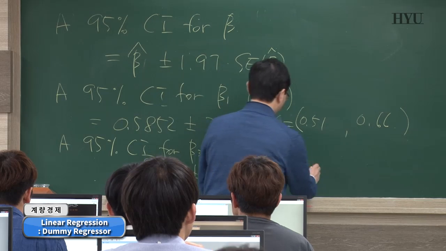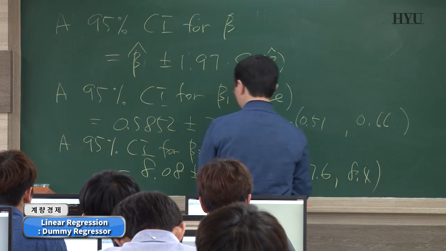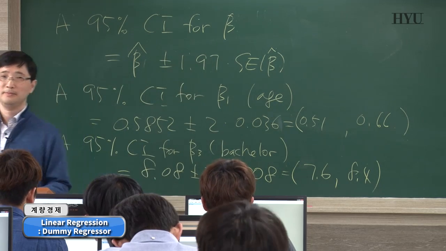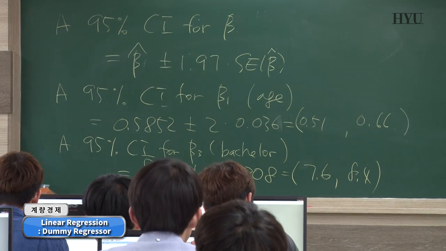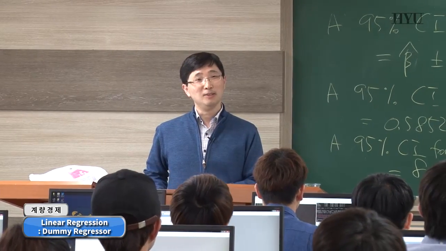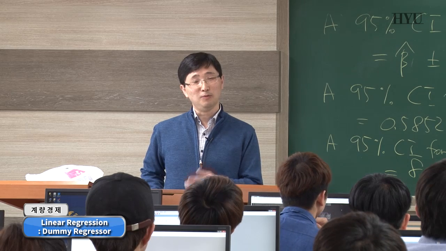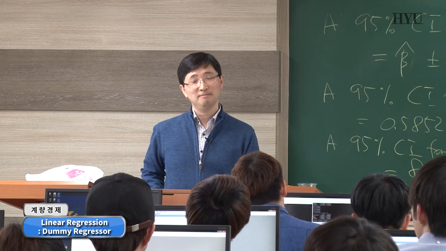So approximately 7.6 and 8.4, kind of. Right? It's close enough. Now, suppose that the null hypothesis says the beta for the college degree is 0. Can you reject it with 5% significance level?